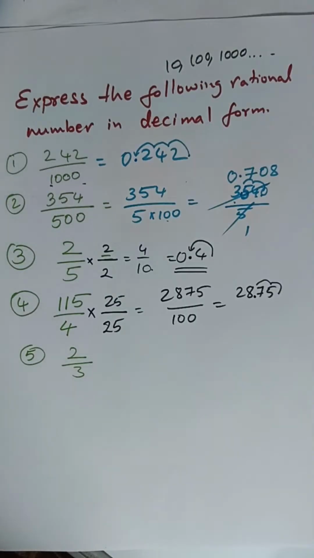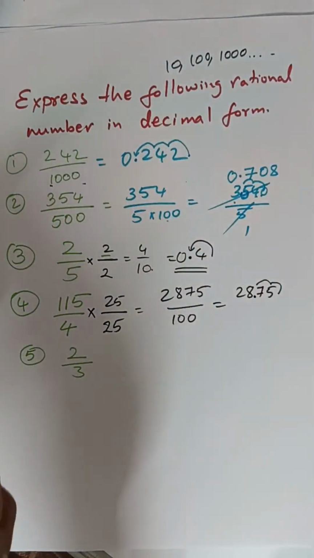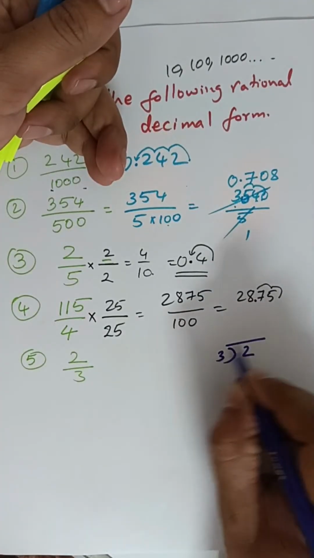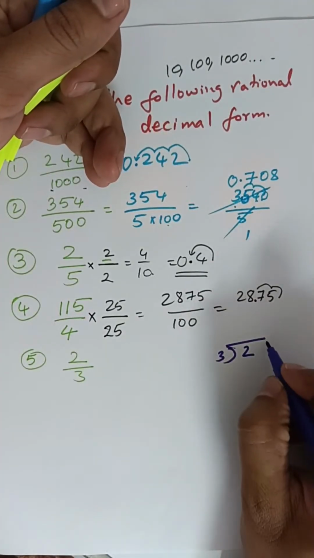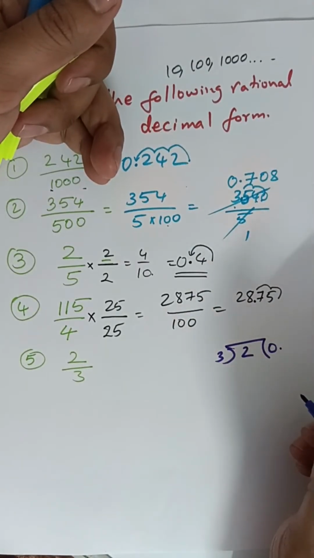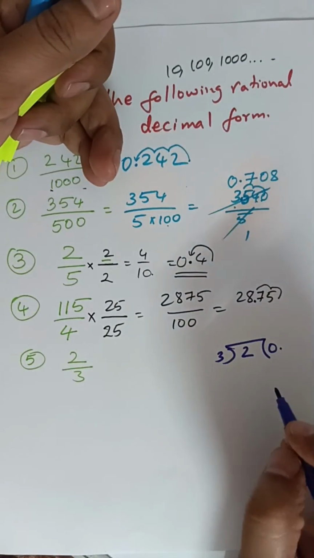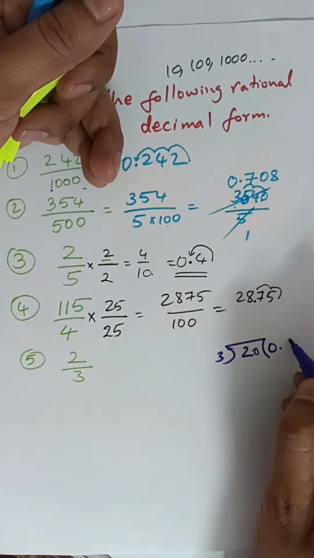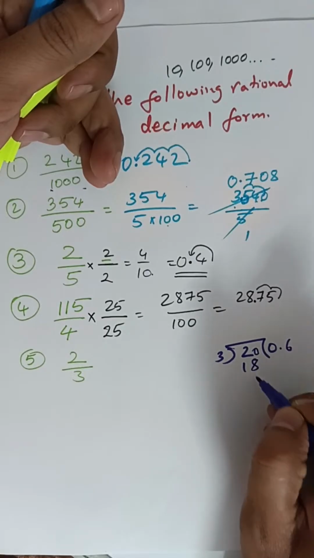You can't make 10, 100 or 1000, okay? So simply how do you divide? 2 divided by 3, okay? 2 is smaller than 3, so 0 point, right here 0, so 3 times 6 is 18.